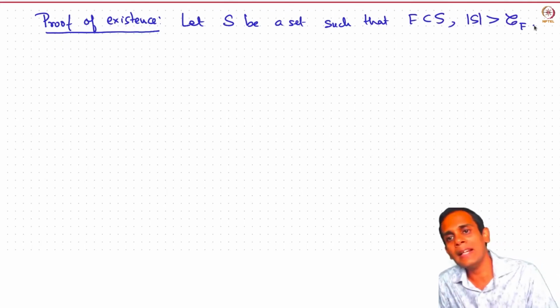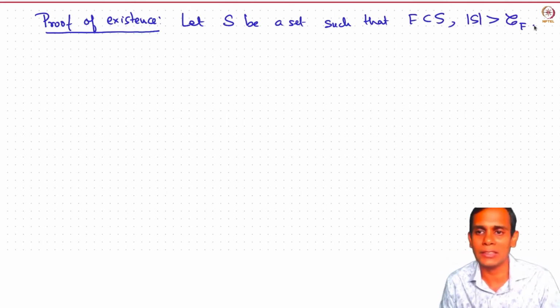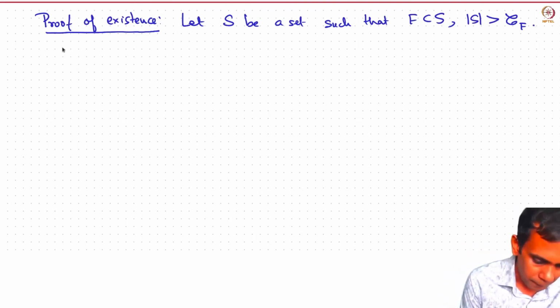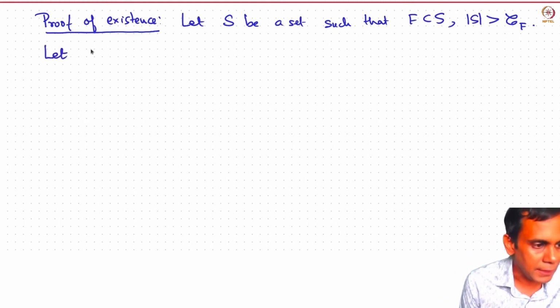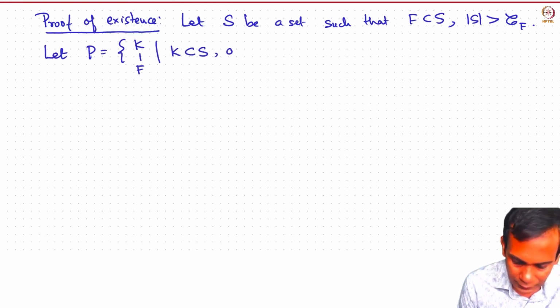So its cardinality is strictly greater than the cardinality of any algebraic extension of F. Now we'll define the partially ordered set P. Let P be the set of all field extensions K over F, where K is realized as a subset of S and K is algebraic over F.